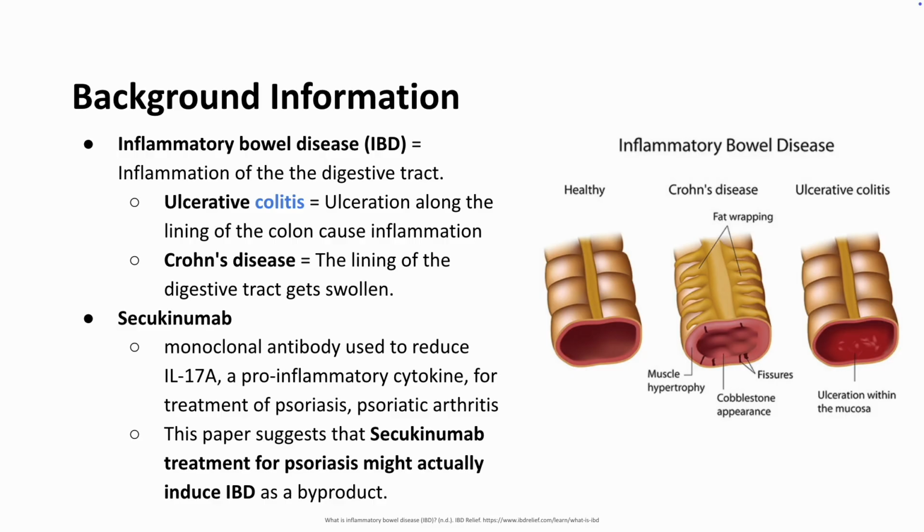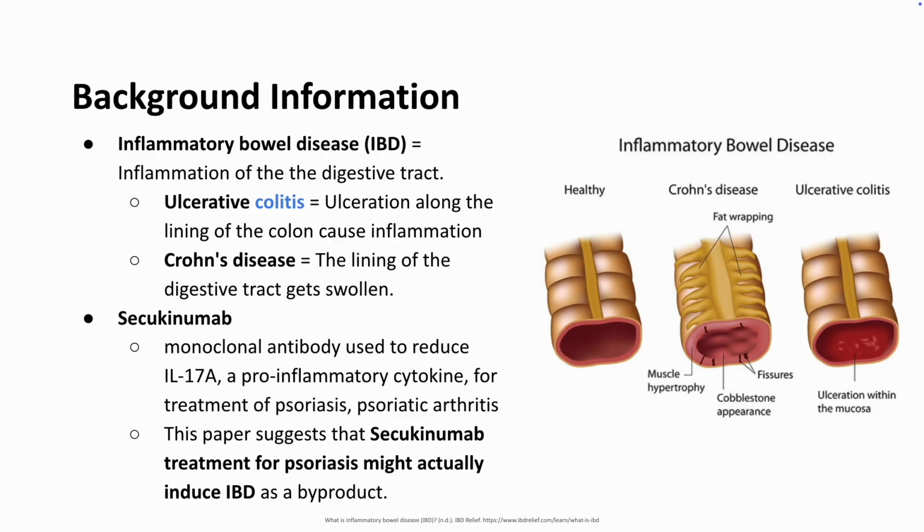Ulceration along the lining of the colon can cause inflammation. Ulceration is like open sores that form in the epithelial layer of your colon, and that can trigger inflammation because your body is basically getting in contact with external fluid through that open sore. So ulcerative colitis happens with ulceration within the colon.